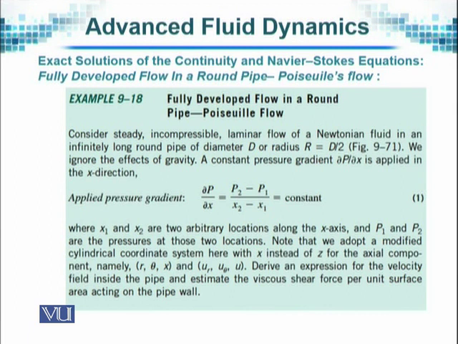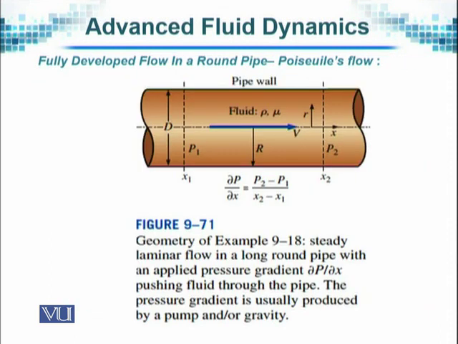So the same procedures have to be followed that we followed earlier in solving similar problems. Now here is a pipe. You can see the cylindrical nature of its geometry, and that is why we use the coordinates r, theta, x.